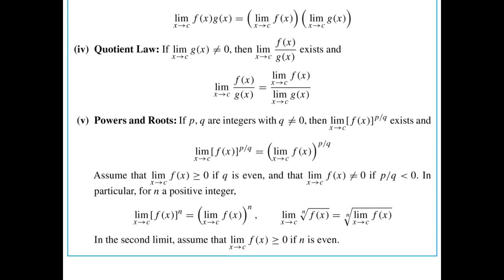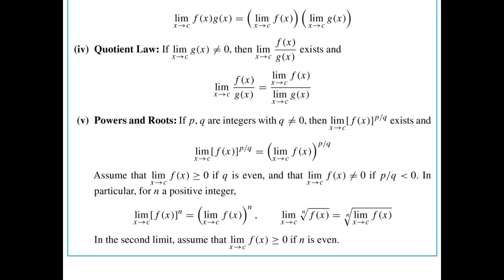All right. Then powers and roots. If p and q are both integers, okay, they could be positive or negative integers, but with q not being equal to 0, integer but not 0, then the limit as x approaches c of f of x raised to the p over q power also exists.